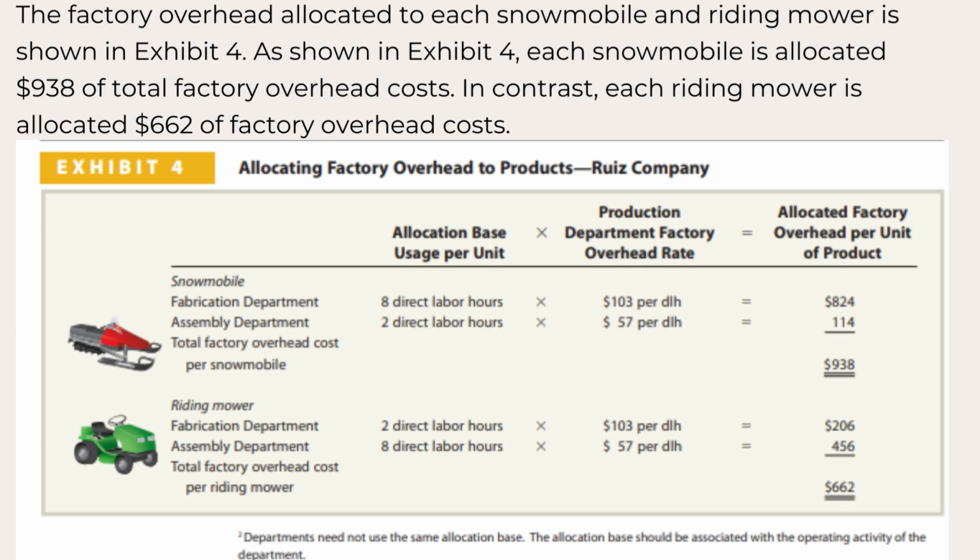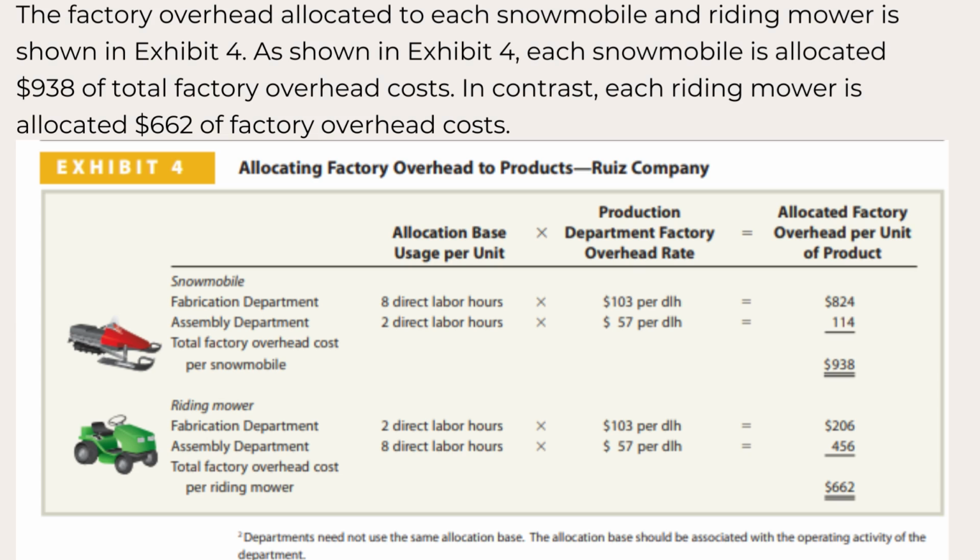For further illustration, we have exhibit number 4, allocating factory overhead to products for Ruiz company. In exhibit number 4, it is shown that the factory overhead allocated to each snowmobile and riding mower is as follows: the snowmobile is allocated $938 of total factory overhead costs, and each riding mower is allocated $662 of factory overhead costs.